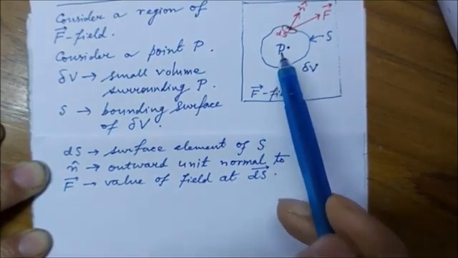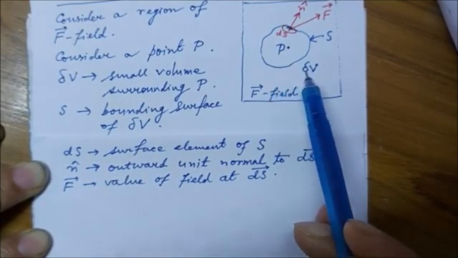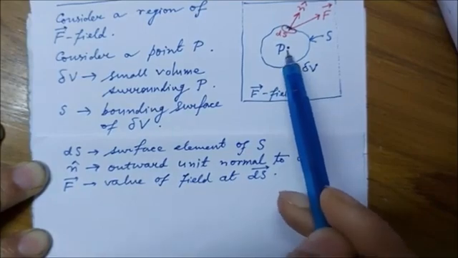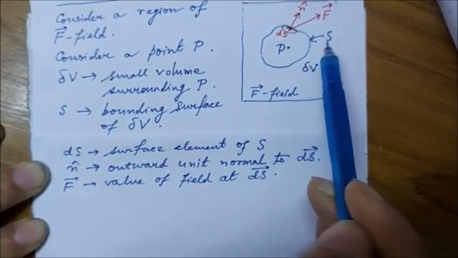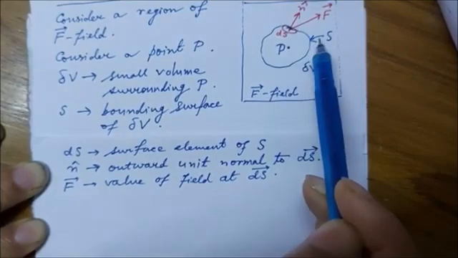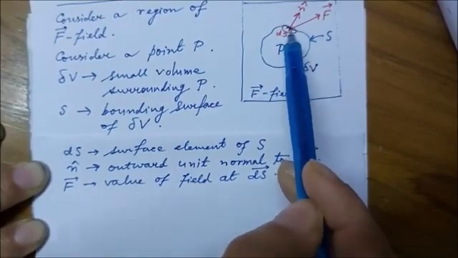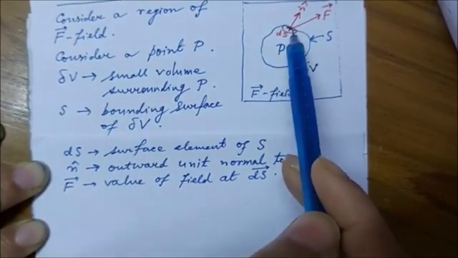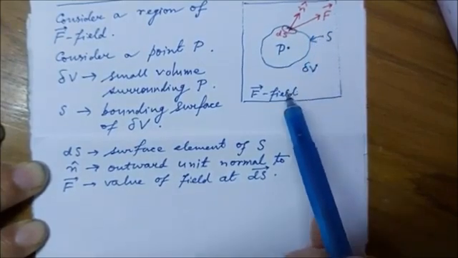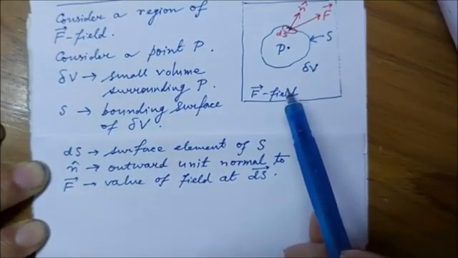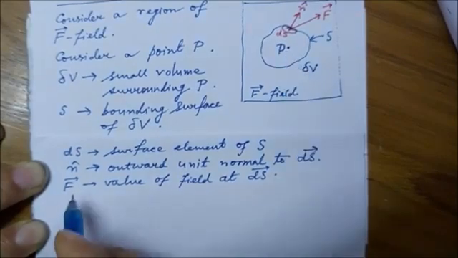In that region, we have considered a point P, and we have imagined a small volume delta V that contains the point P. The bounding surface of delta V is S, and ds is a surface element of S, at which the normal unit vector is n cap, and at which the value of the field is vector f, which is in this direction, say. We are therefore perfectly placed to define now what we mean by divergence of vector f at the point P. Let us write it down.